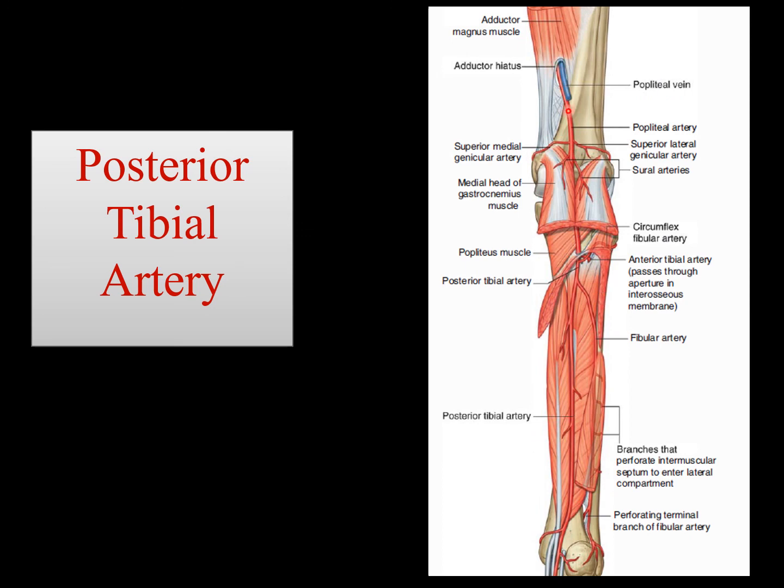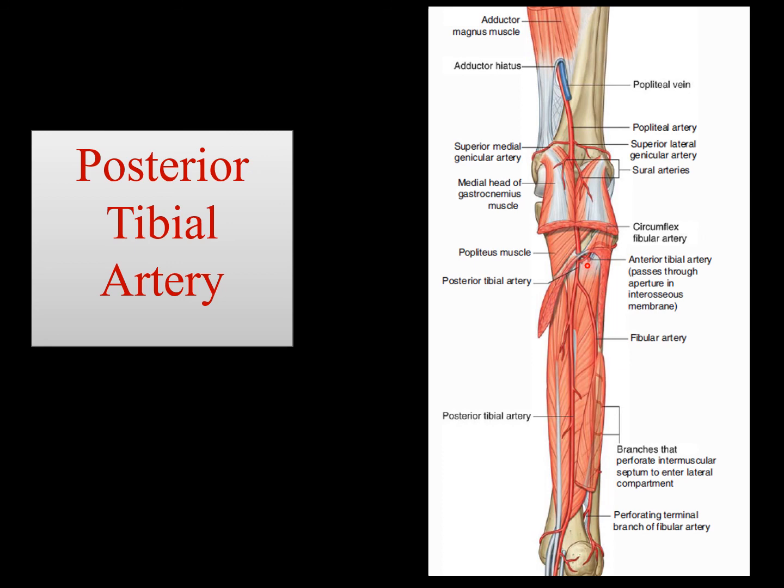The artery of this region is known as posterior tibial artery. So here you can see the popliteal artery just at the popliteal fossa dividing into anterior tibial artery as well as posterior tibial artery. Anterior tibial artery passes to the anterior compartment through an aperture in the interosseous membrane and supplies the anterior compartment of leg.